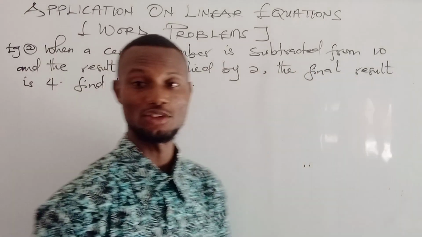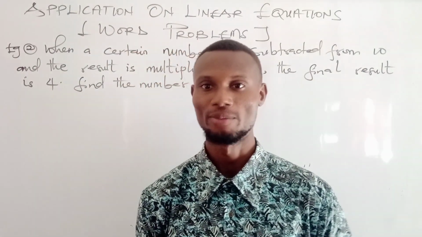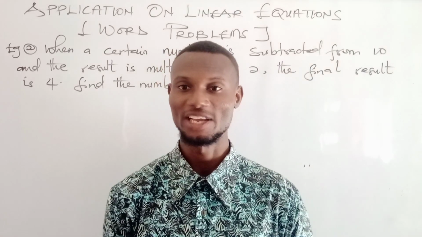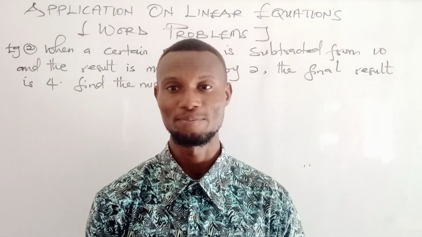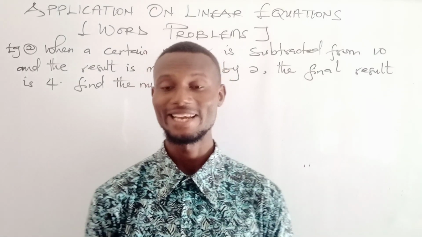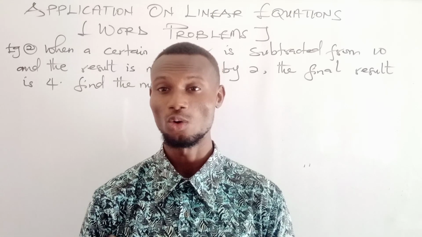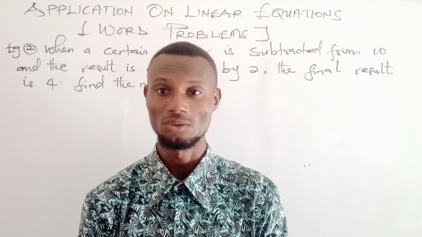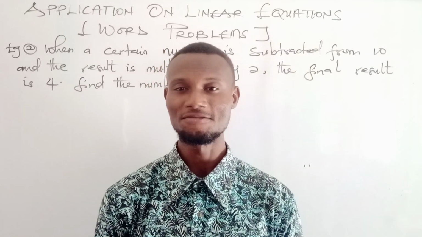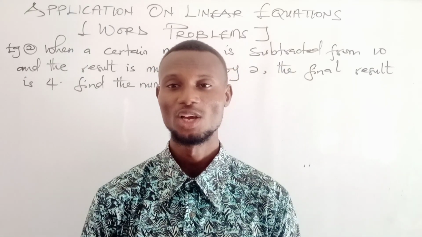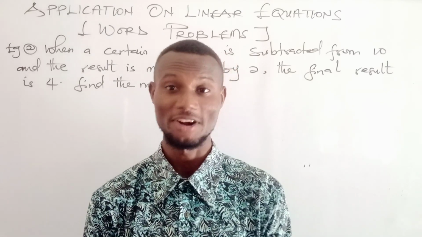Okay, so we are being asked to find the number in this word problem question on linear equation. And I've explained to you from the previous videos that anytime you have a word problem question and there's an unknown number in it that you are looking for, or an unknown value that you are looking for, the first thing that you do is that you represent that unknown number by a variable.